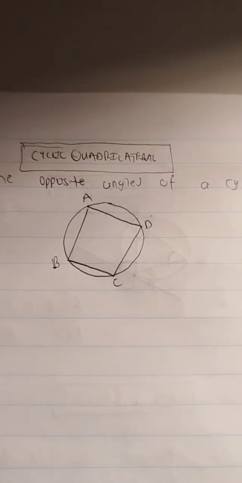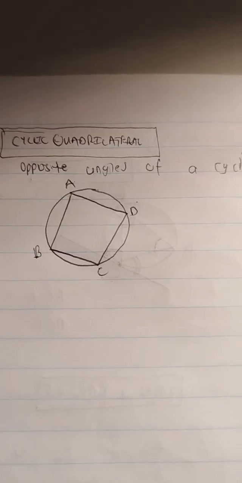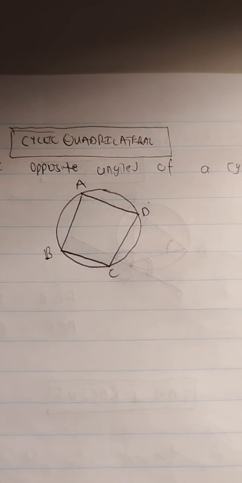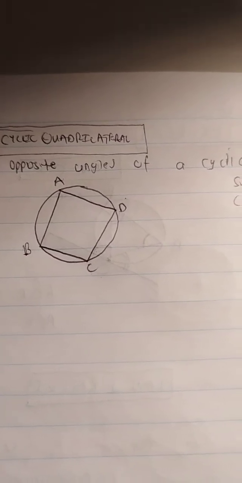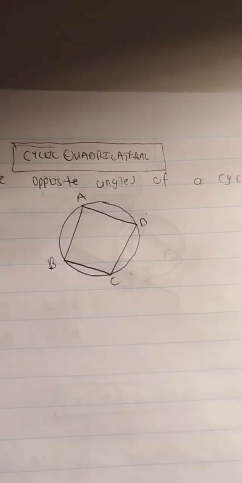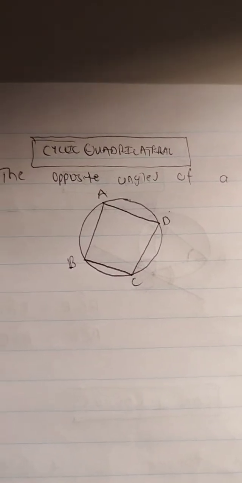So which angles here would you say are the opposite angles of the cyclic quad? There are two pairs, not just one pair. Can you give me the pairs of opposite angles, which we refer to as being supplementary?